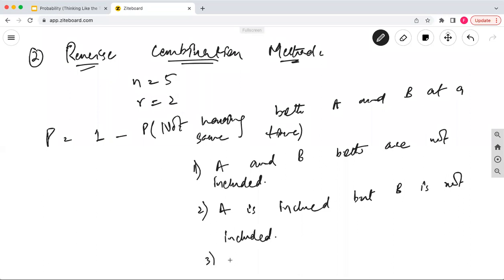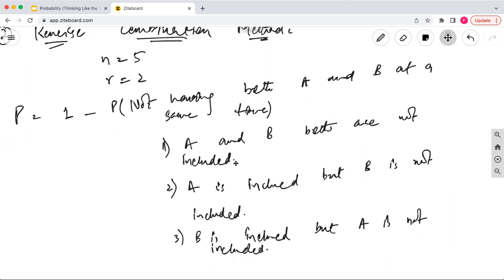And the last one is B is included, but A is not included. So these are 3 possible ways I can form a committee in which A and B are not both included at the same time, right?